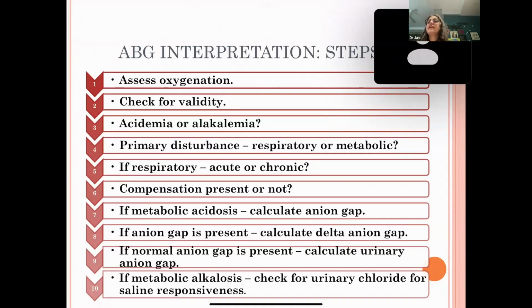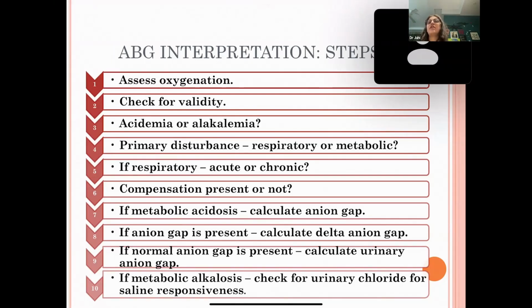Second, check for the validity of the ABG. What does it mean? Whether the ABG is valid means consistent or calibrated. If the ABG is not valid, then you need to do a calibration of the machine. Third step, which is very important, you need to identify whether it is acidemia or alkalemia. If the pH is below, for calculation purposes, 7.4, acidemia, more than 7.4, alkalemia.